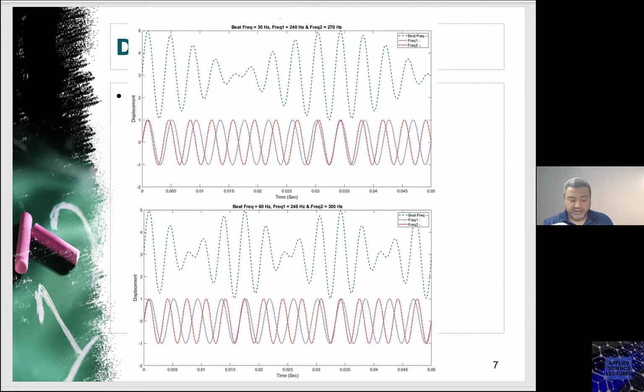So that's the signal that we were talking about. Here they become out of phase, or they cancel, and here they become in phase and also at the zero.